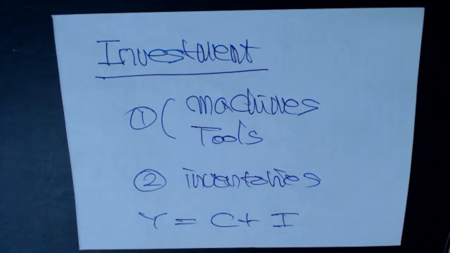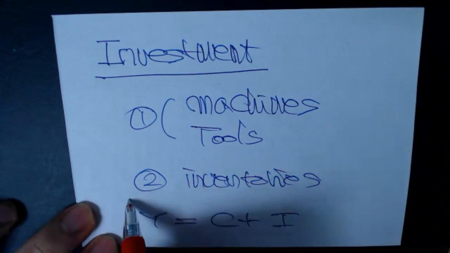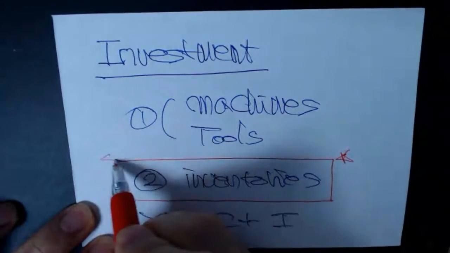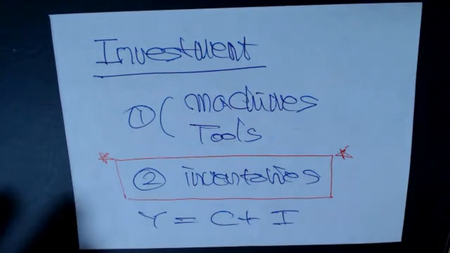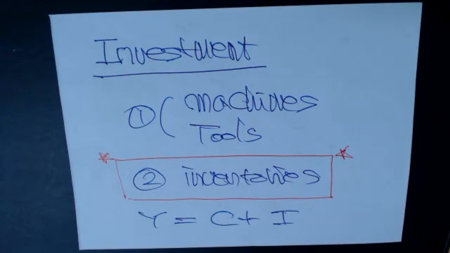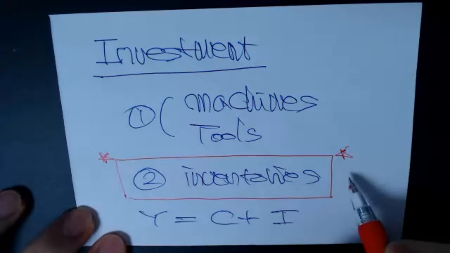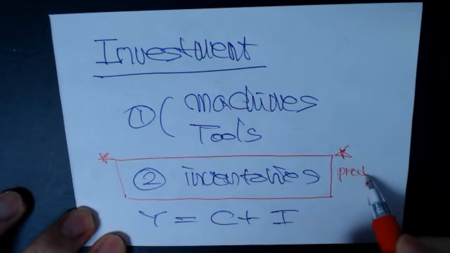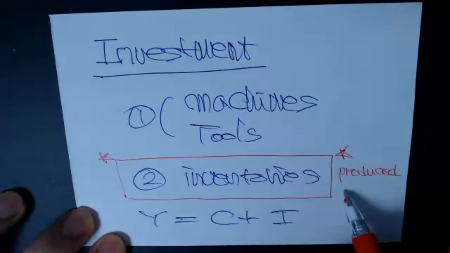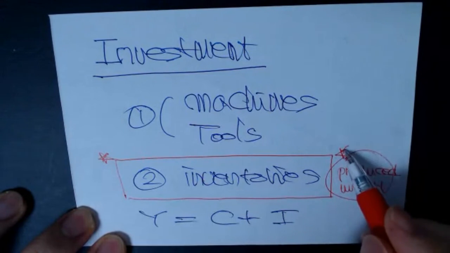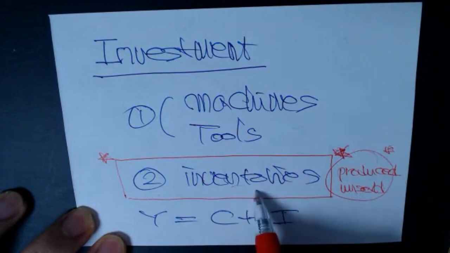So how we deal with the inventories, this is also a kind of an agreement among economists and statisticians, say that inventories is produced but unsold. We define inventories in this way.